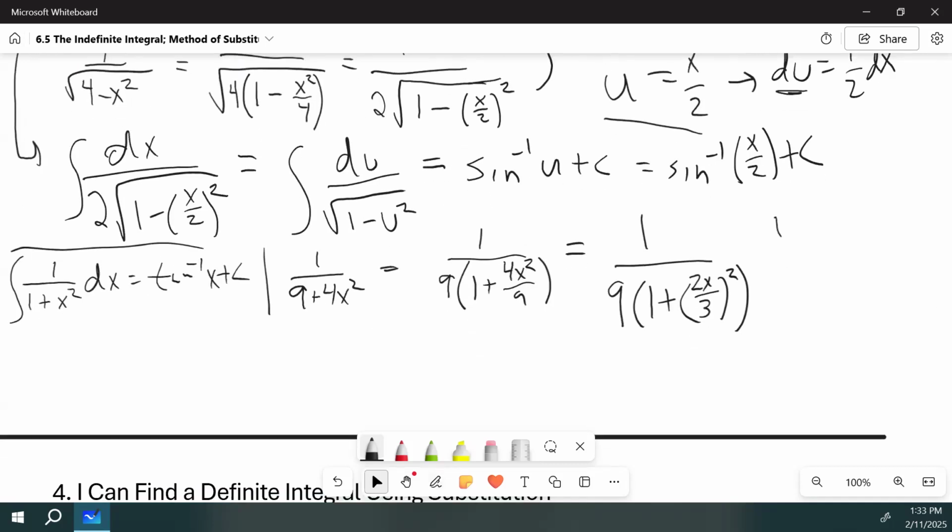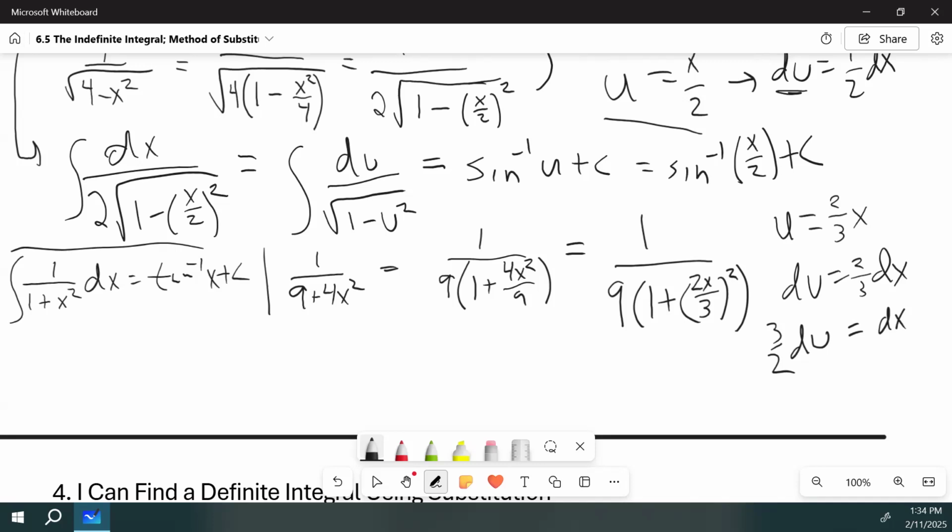All right, so if I let u equal 2/3 x and du equals 2/3 dx, so 3 halves du is going to equal dx.